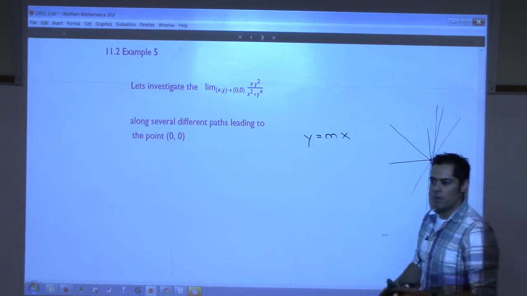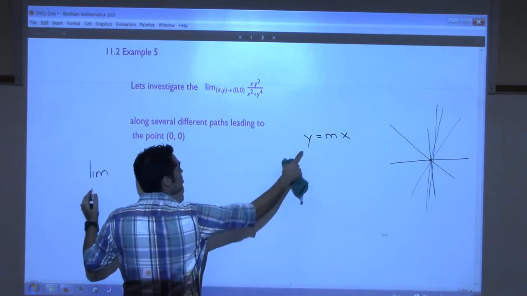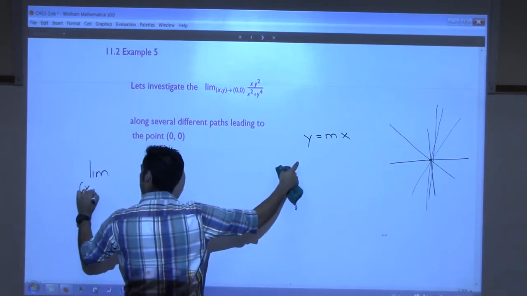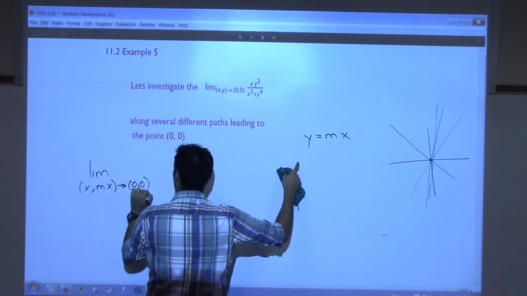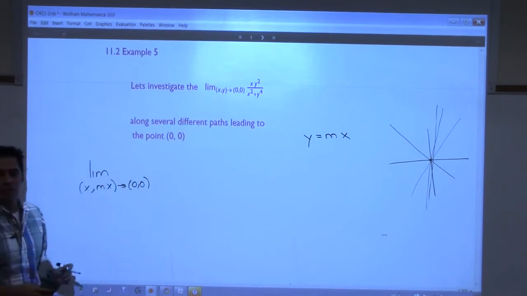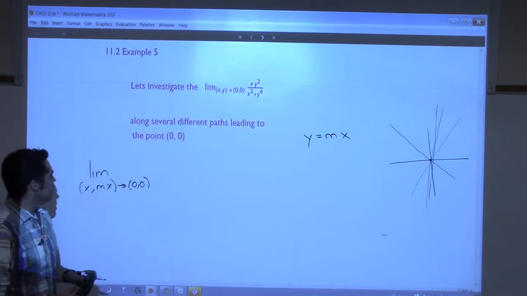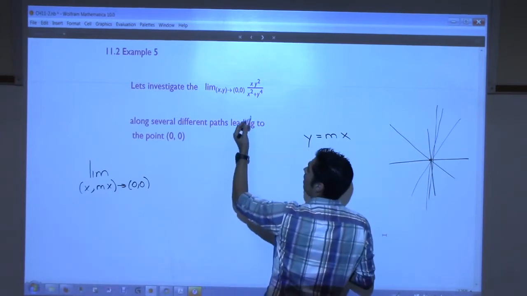So what I'm going to do is instead of fixing my slope, I'm going to let it be arbitrary. And now I'm going to rewrite that limit again. Limit, I'm replacing y with mx, so it's x, mx. I hope you understand we already have the answer to this problem. Do you all get that? Okay, but this is another choice you could do that is pretty powerful when it comes to actually evaluating this. So check this out.